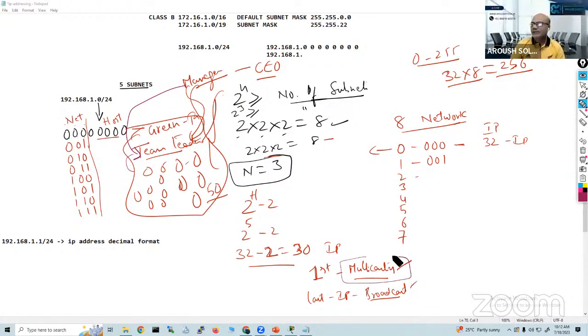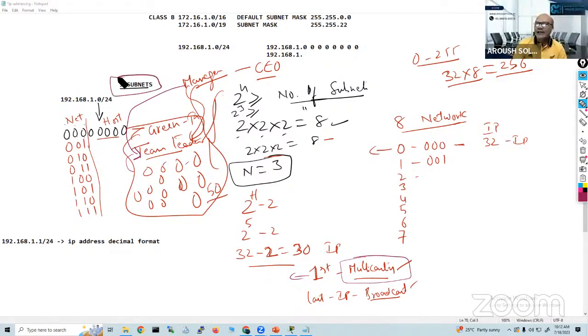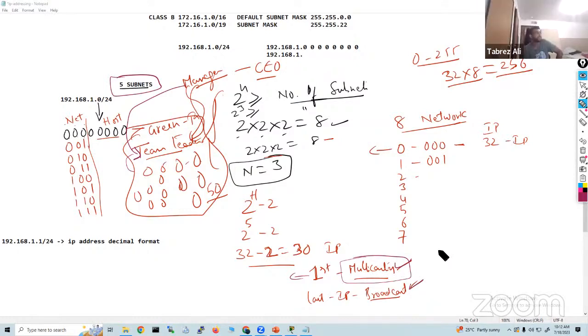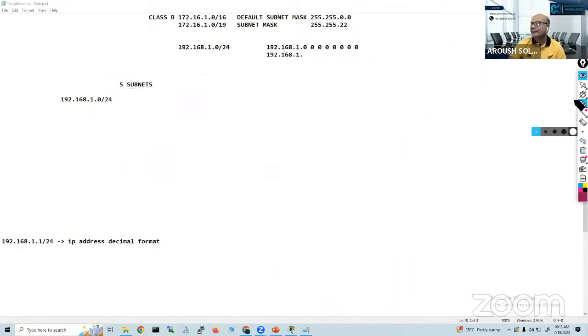That is where multicast IP is used. For every subnet, whenever you do any subnet, 2 IP addresses you must use for multicasting and broadcasting. Remember that. That is first and last, right? Last is recommended. Understood, right? Any questions here?